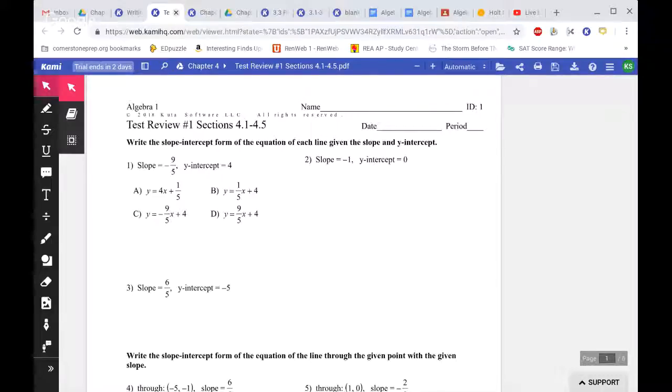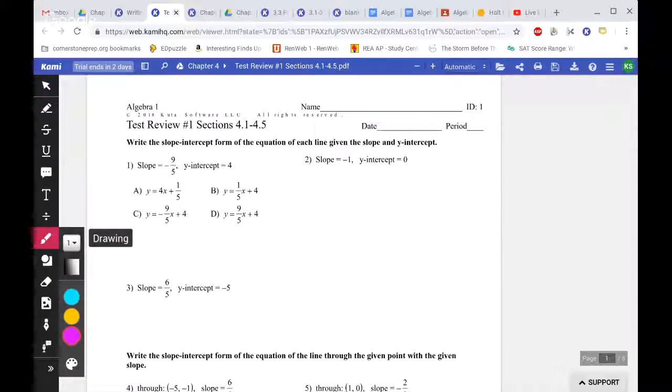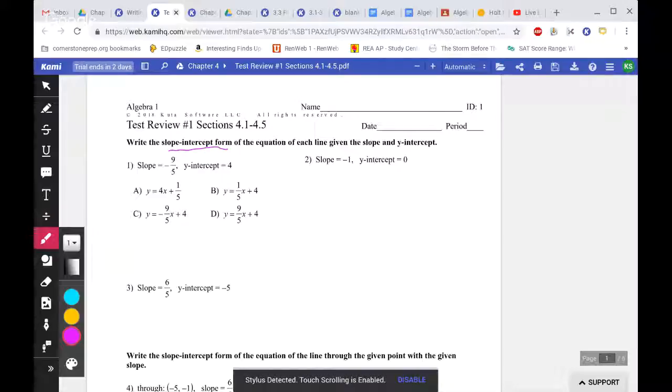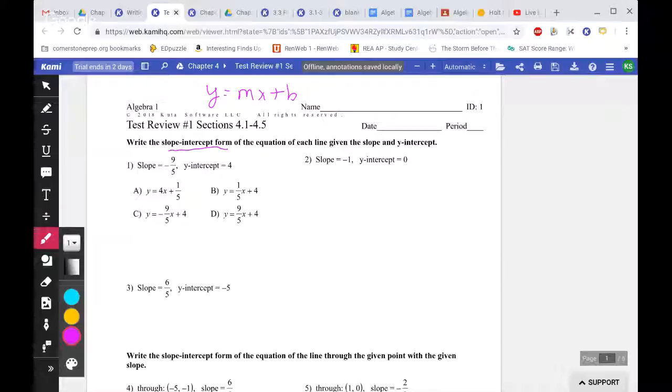Okay, so in this first section here, it says write the slope intercept form, which I'm hoping that when you see that now, you're thinking in your mind, and that's one of the goals for this chapter, to automatically think this, because you're thinking of the equation of a line.